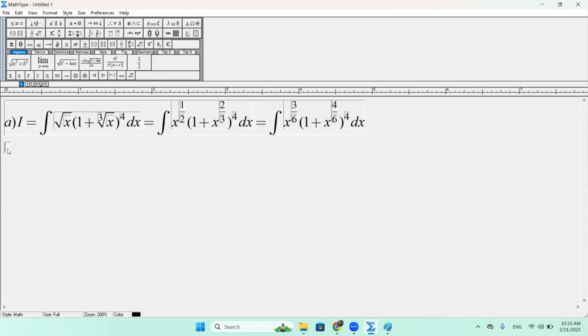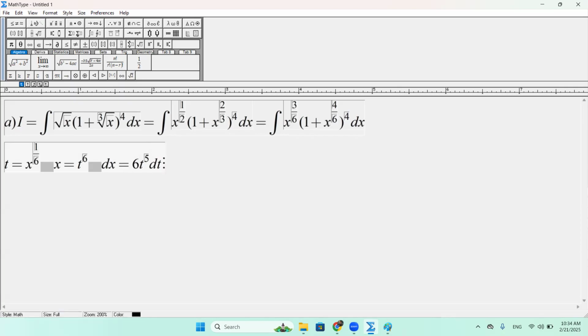So we do like this: t equals x in power of 1/6. Then x equals t in power of 6, and dx equals 6 t in power of 5 dt.